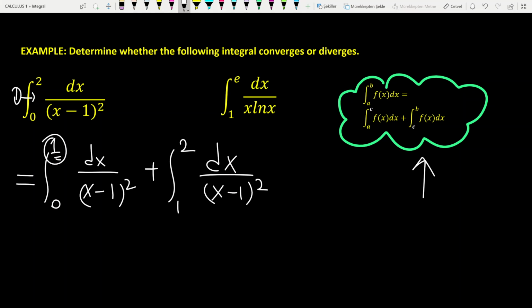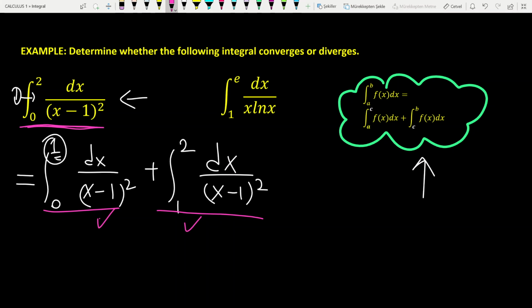We first break the given improper integral into two parts. If these two improper integrals both converge, we say the given improper integral also converges. If one of them diverges, it is enough. If one of them diverges, then we say the given improper integral diverges.